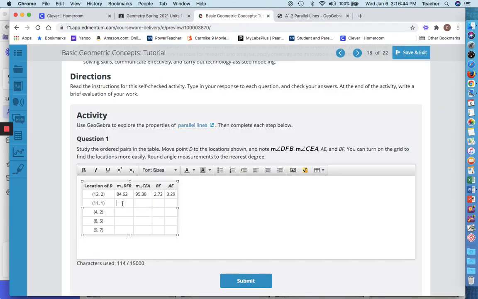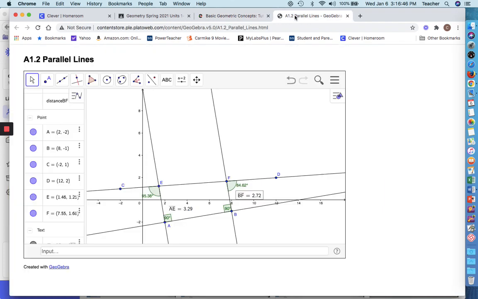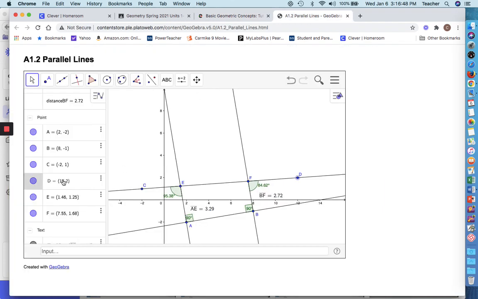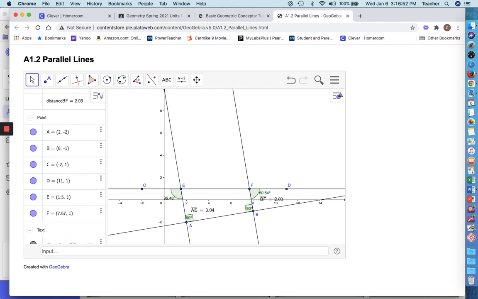All right, now I'm going to move D to 11, 1. So come back over here to D. Change that to an 11. Change that to 1 and hit enter. It looks like it just made it more horizontal. It changed all the numbers for me, which is super nice. Now all I have to do is input them.